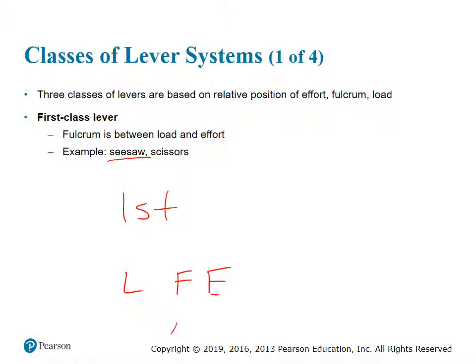Picture your seesaw here, with somebody here, excuse my little person, and there. This could be the effort. This could be the load, causing the lifting of that person. The effort is pushed down, whether it be the weight or somebody jumping on it, causing that to happen.